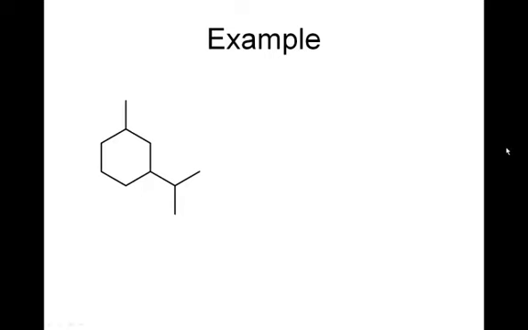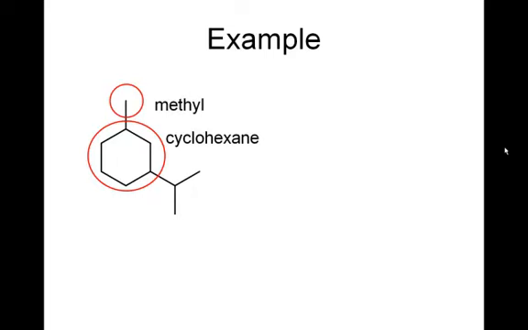So let's go ahead and look at an example where we have to decide how to alphabetize our substituents. And we also have to decide how to number our substituents in this example as well. So we have a six-membered ring, so this molecule is going to be a cyclohexane. My substituents here are methyl and isopropyl. 3 carbons attached at the second carbon is an isopropyl.